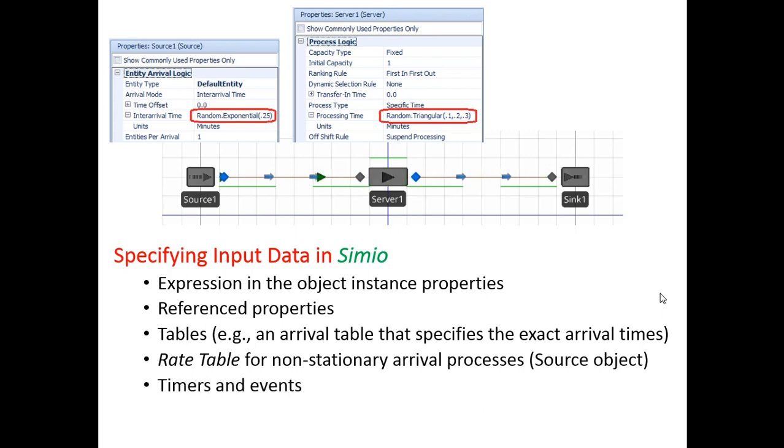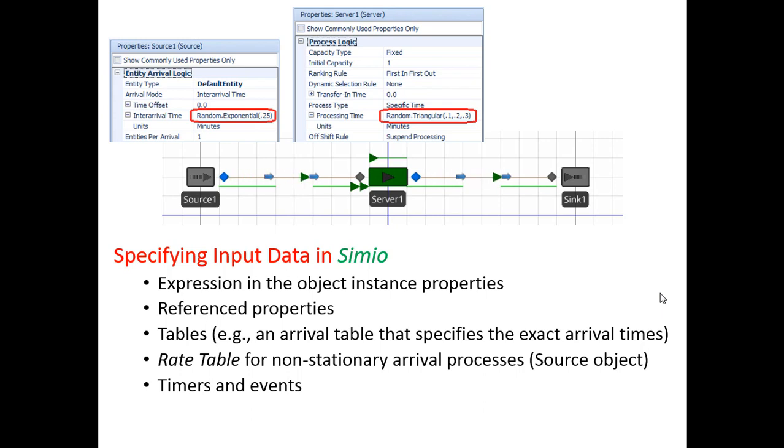We can also use timers and events. So we can specify an expression in a timer element, and then whenever this timer goes off, an event is triggered and something happens in your model. We may also use events that occur in the model.